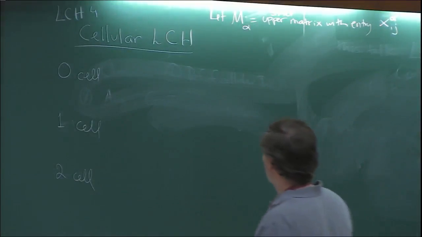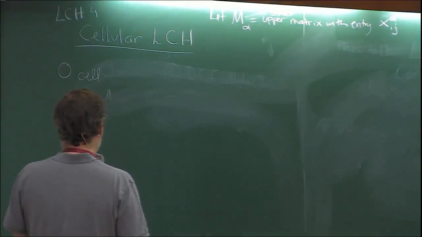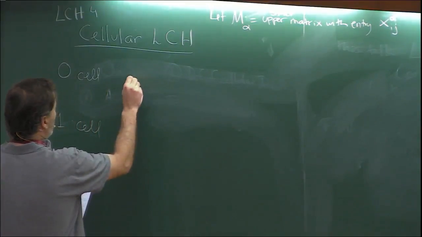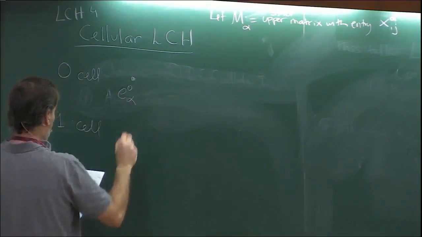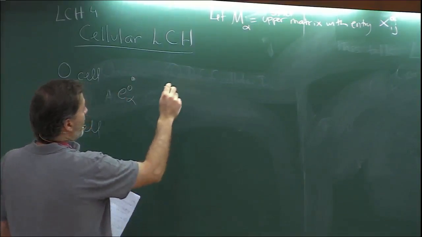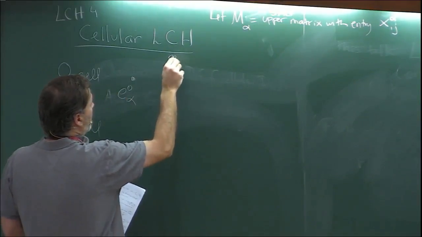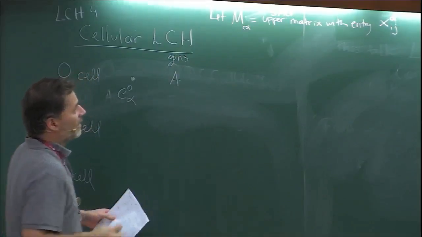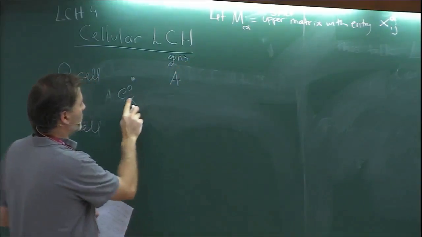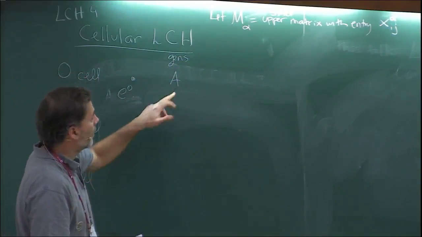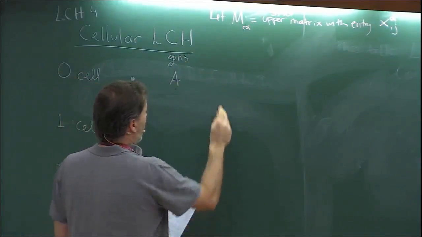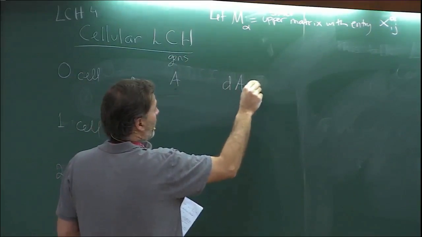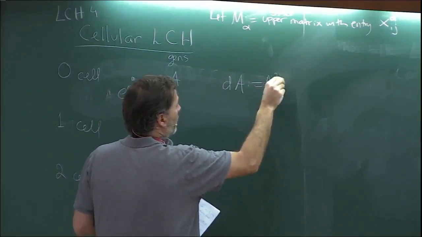Okay, so I have some 0 cell. And I have a matrix of generators. So the generators are, let's say, I'll call them A, using this notation. Okay? And then the differential is defined as dA equals A squared.